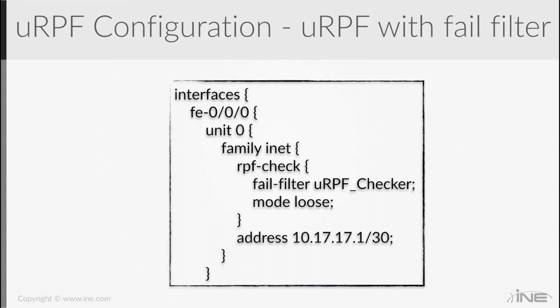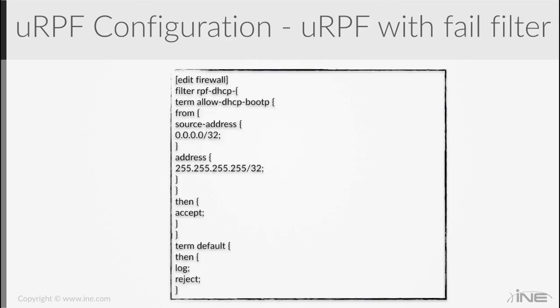Now, what is a common use for a fail filter? You can see it here. This is maybe the most common use for a URPF fail filter: when DHCP needs to be allowed on that interface. What it's doing here is allowing DHCP.